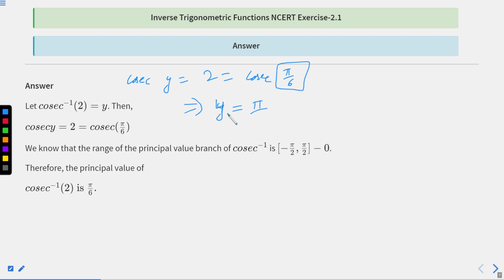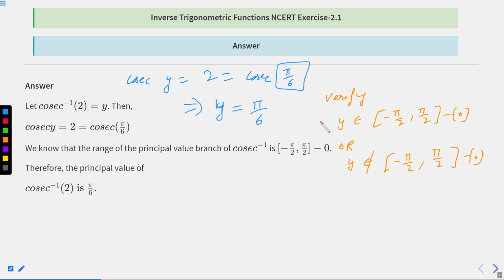Now verify that y belongs to minus pi by 2 to pi by 2 except 0. Verify whether y belongs or does not belong, whichever happens. If this happens then we are good to go.